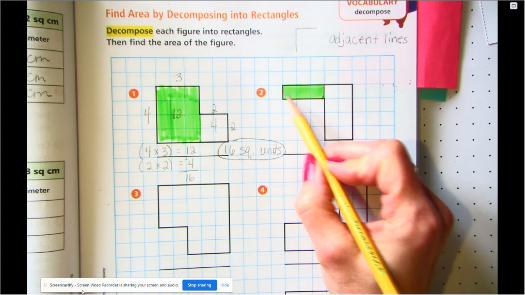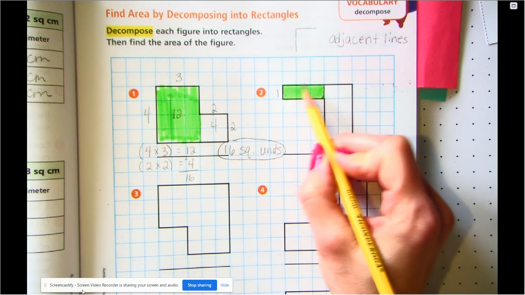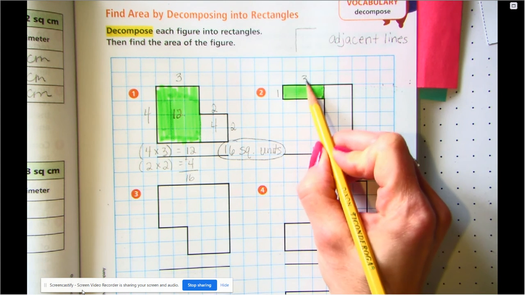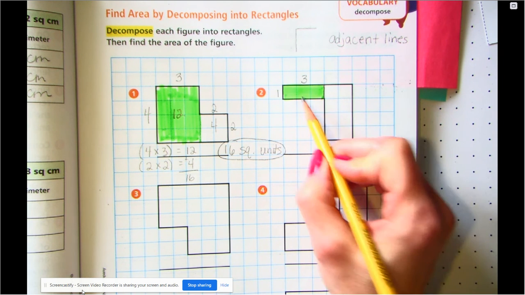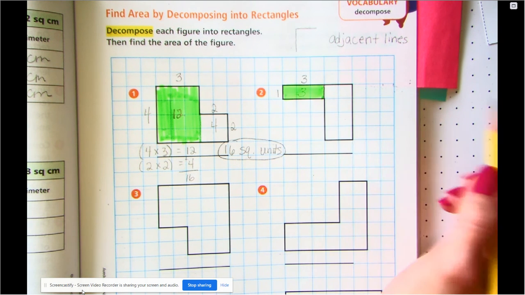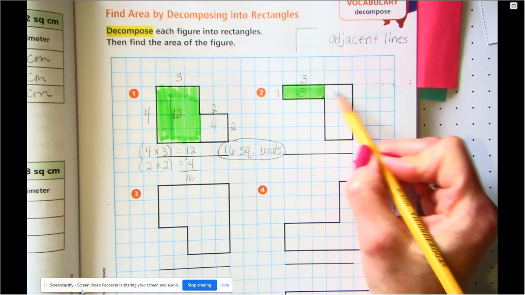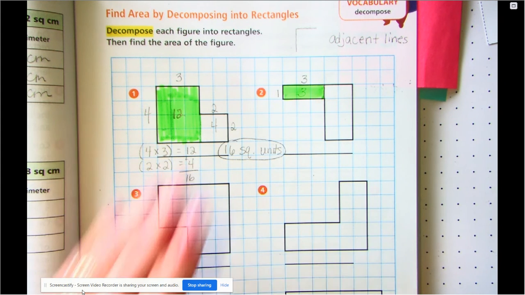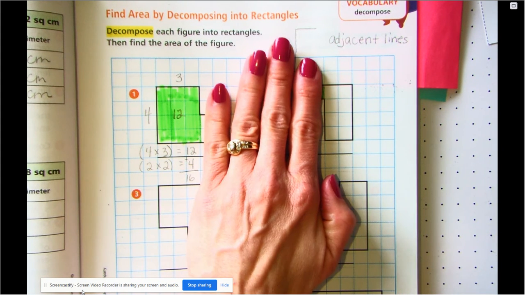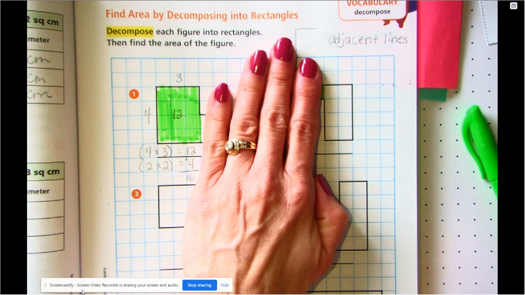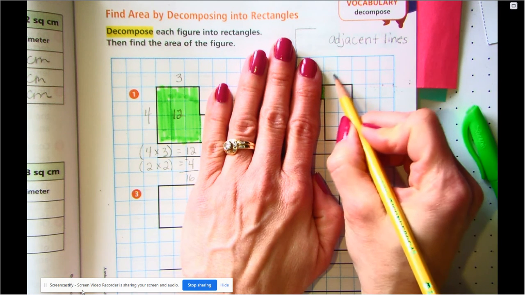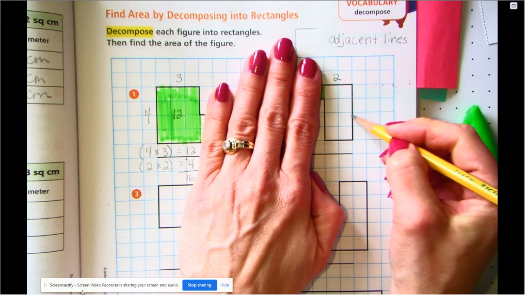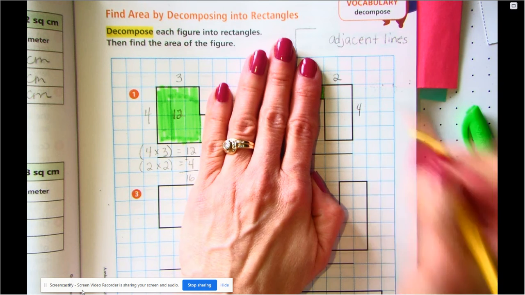So I can tell there's 1 on this side and 3 on this side. So 1 times 3 is 3. Then in the white one, I want to forget about the green one, pretend that it's not even there. There are 2 across the top, and 4 along the other side.